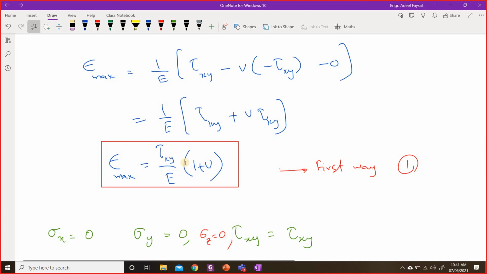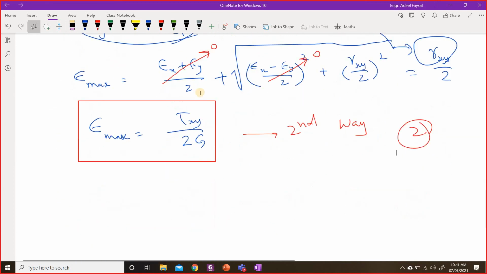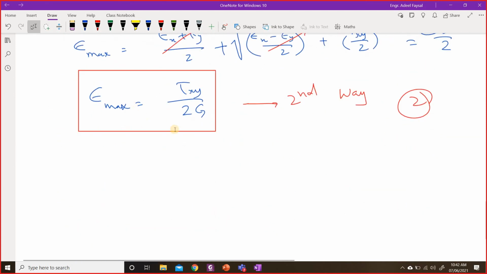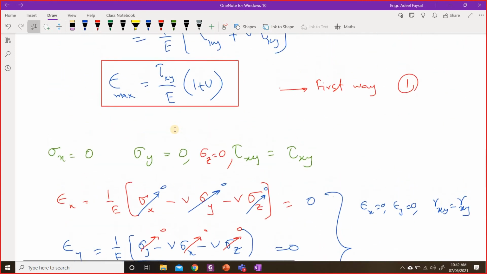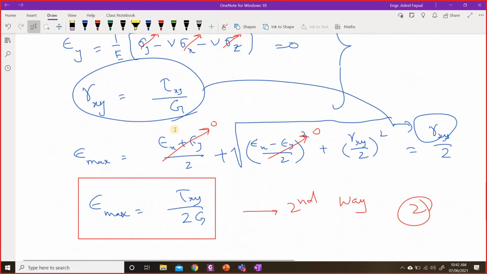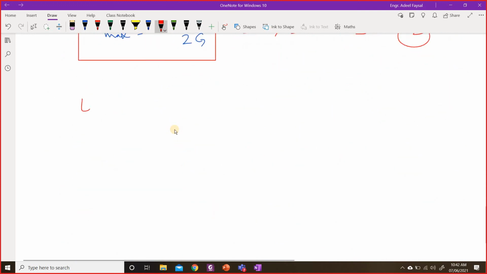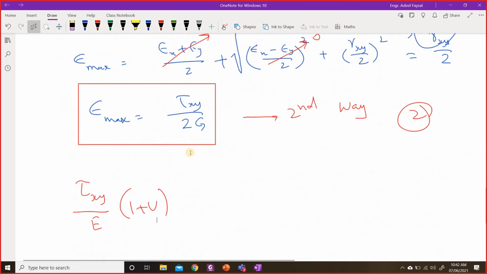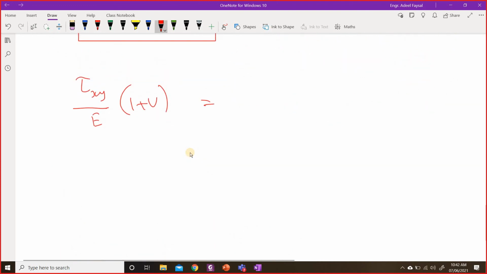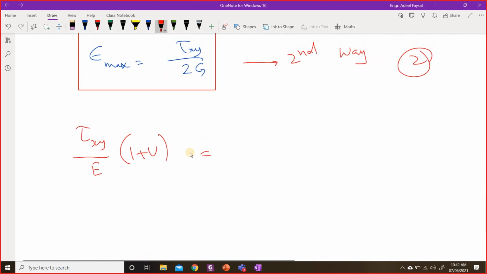It means this right hand side is equal to this right hand side, because both equations have the same left hand side. So tau xy by E times 1 plus nu, this comes from equation number 1, is equal to tau xy over 2G. This comes from the second equation.